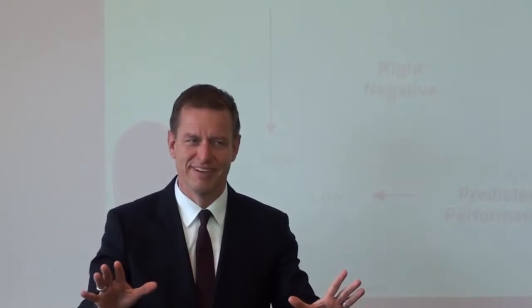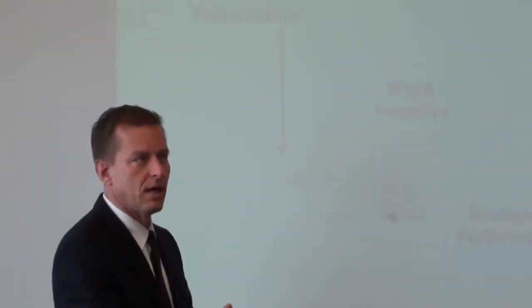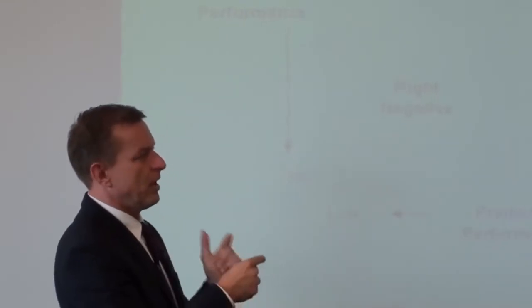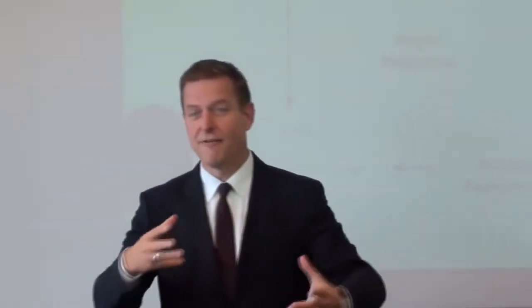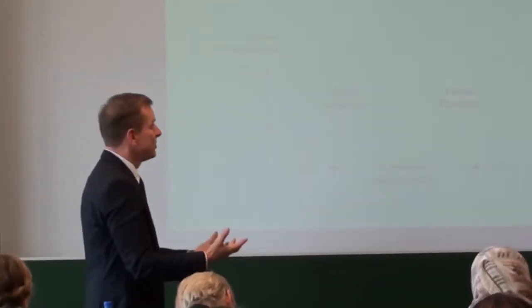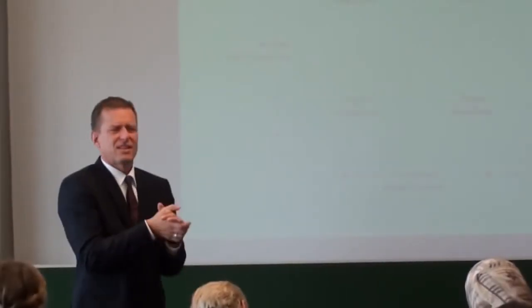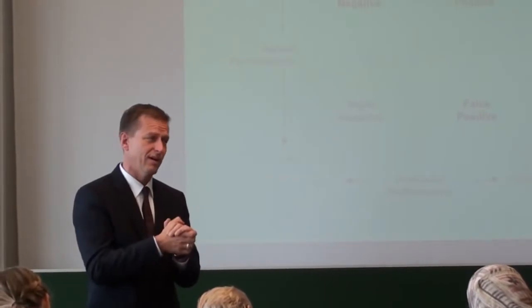That's great, that was a right negative. If I think your performance will be very high, and indeed, once I have hired you, performance is really good, then we talk about a right positive. That's great too. I made the right decision to hire you.